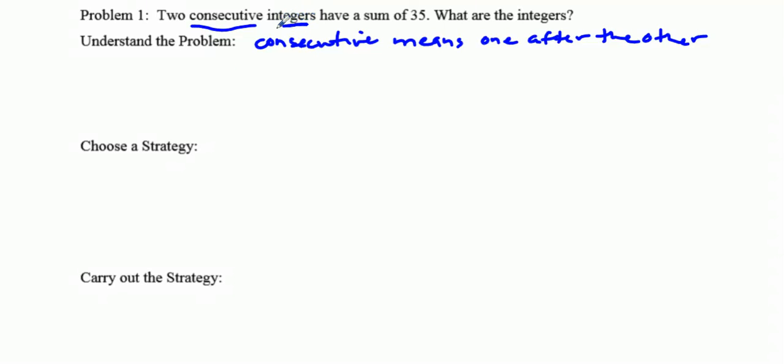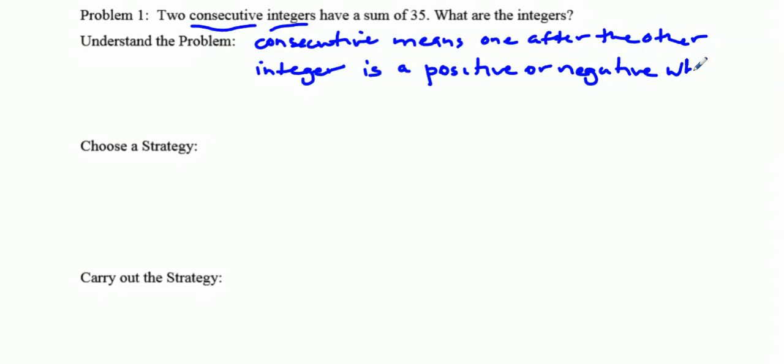I see the word integer. Let's refresh my memory about what an integer is. An integer is a positive or negative whole number. Some examples would be plus or minus 2, but it's not a fraction, it's not a decimal.